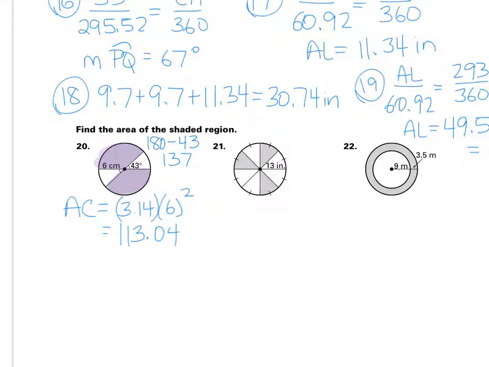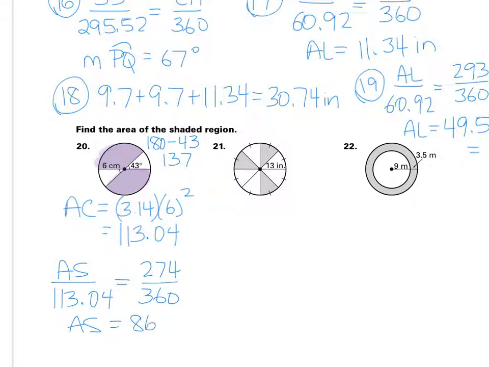So we have area of the sector over total area. Again, you can use 137, then take your answer times 2, or you could just use 274 over 360. Then the area of the 2 sectors together would be cross products, 86.04 units centimeters squared.